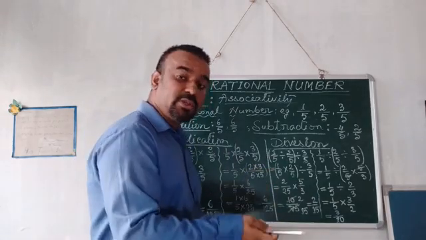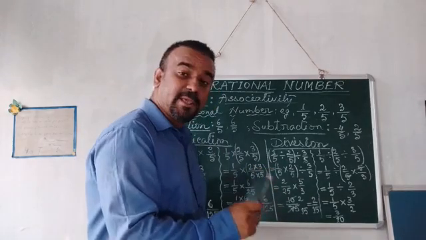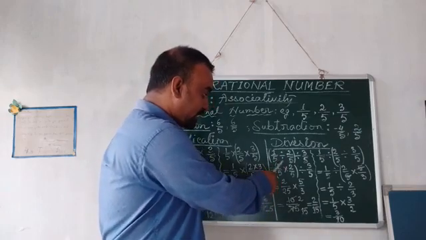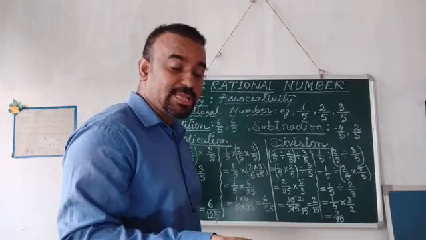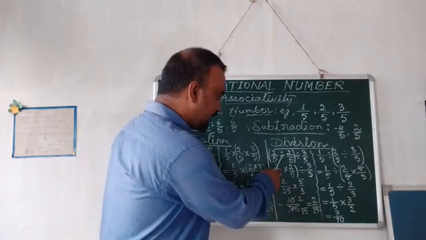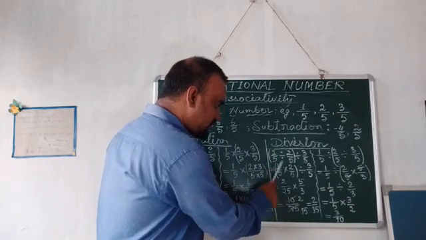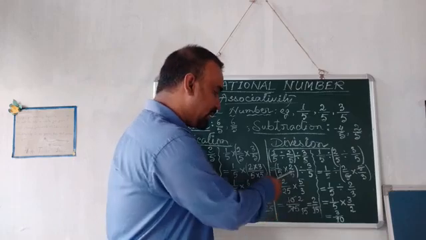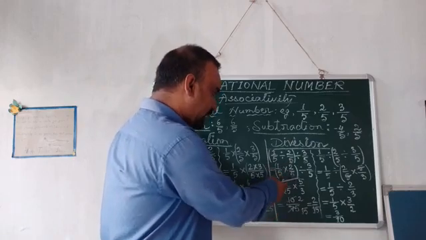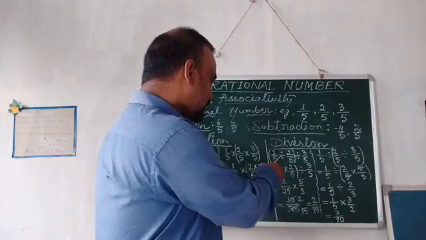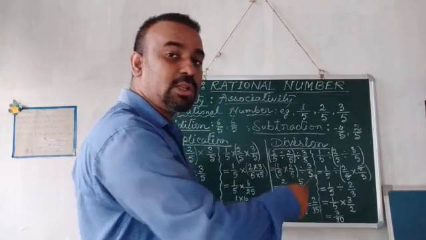After division, when the divide symbol gets changed to multiplication, the number gets reciprocated. Means the number that is on the top will go to the bottom, and the number which is at the bottom will go on top.